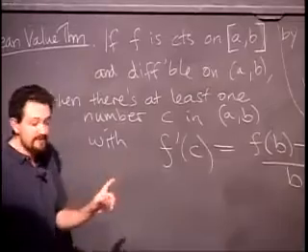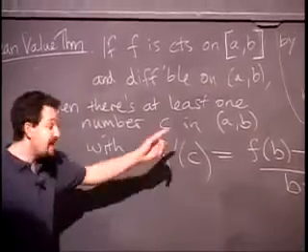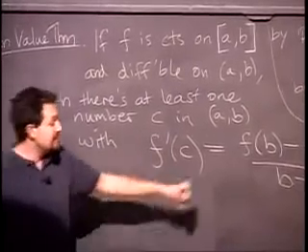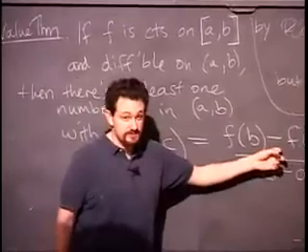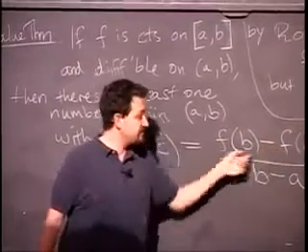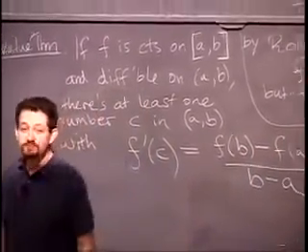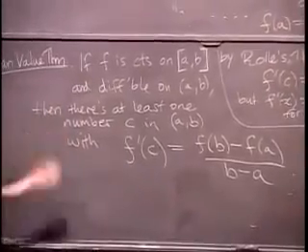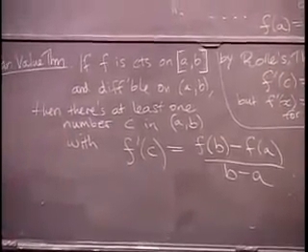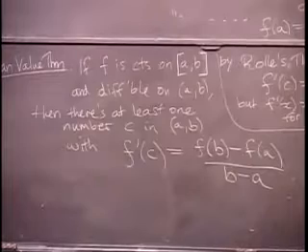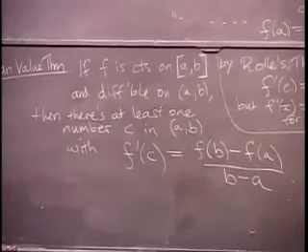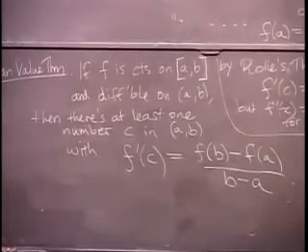Because if f of A equals f of B, then this quantity is 0. If f of A equals f of B, the top cancels out. And you do get 0. So the mean value theorem includes Rolle's theorem. It is a super-duper, souped-up Rolle's theorem.